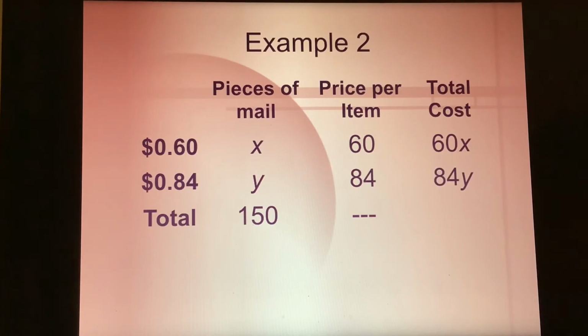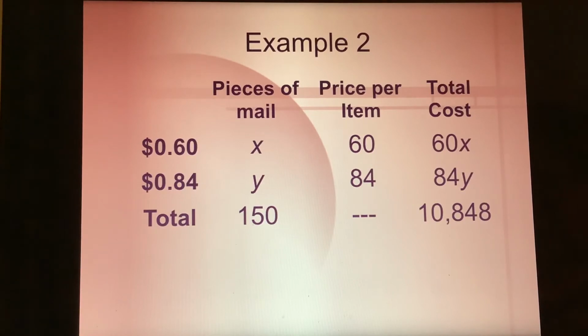And what was the total bill? The total bill was $108.48. But we want to multiply by 100 to get rid of the decimals. We end up with 10,848.